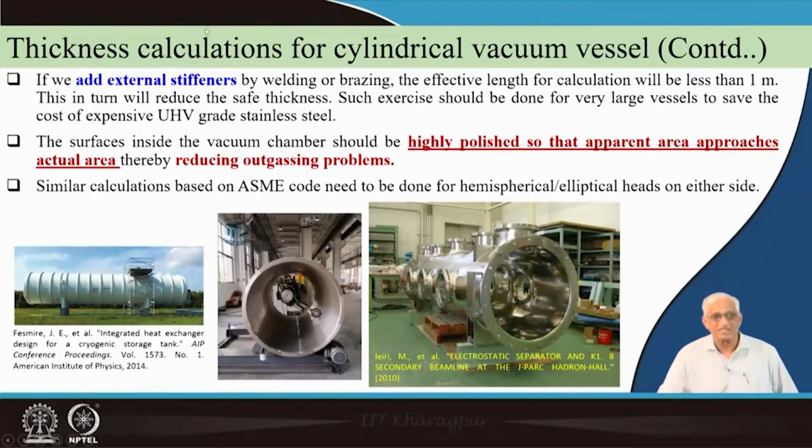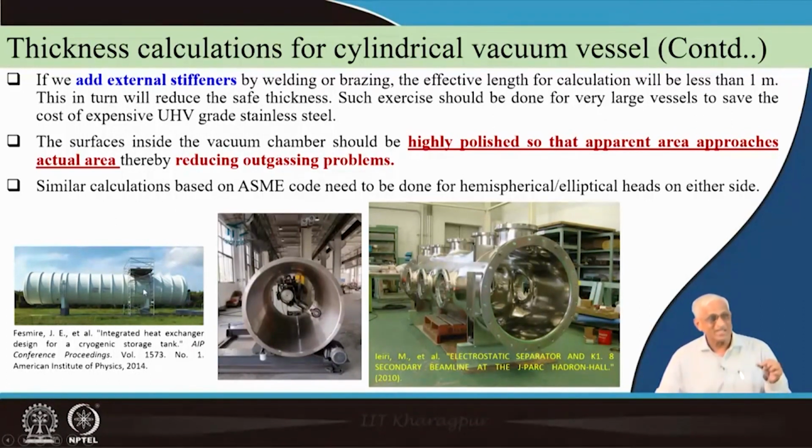If you add stiffeners, then you look at this left figure. The effective length is not the total length, effective length will be the length between two stiffeners. So, naturally, L for the design point of view is not the real length, it will be that much length.